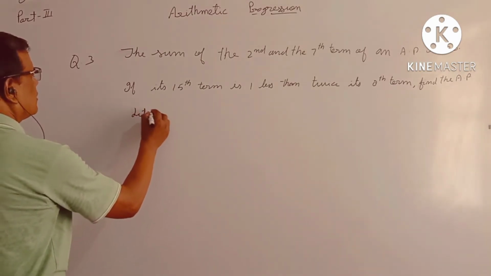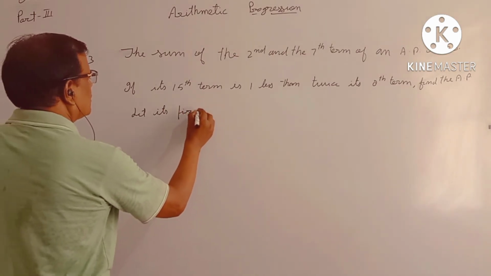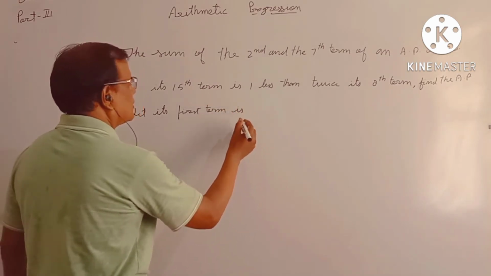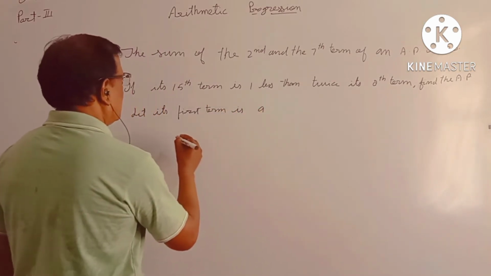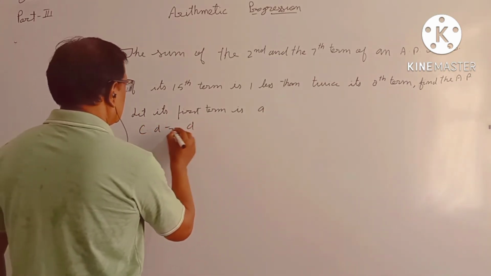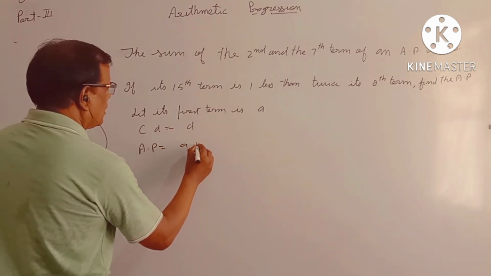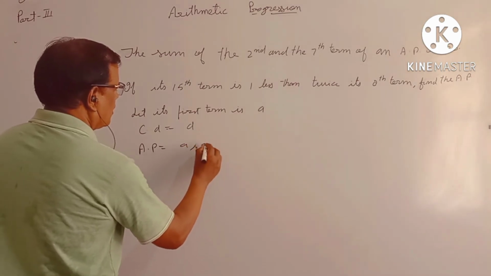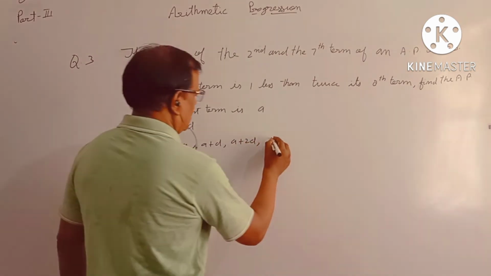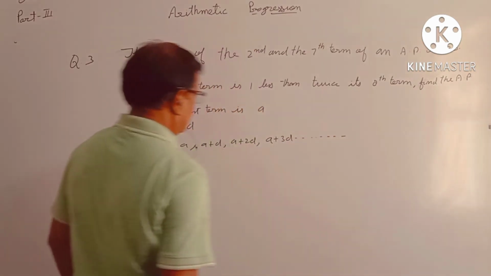Let its first term be A and common difference be D, then the AP will be A, A plus D, A plus 2D, A plus 3D, and so on.